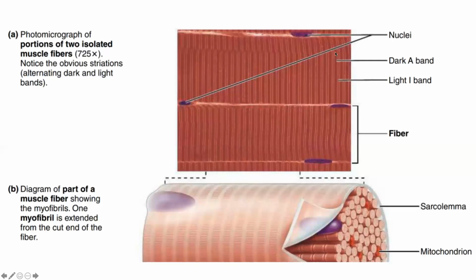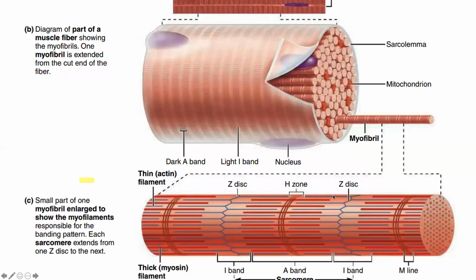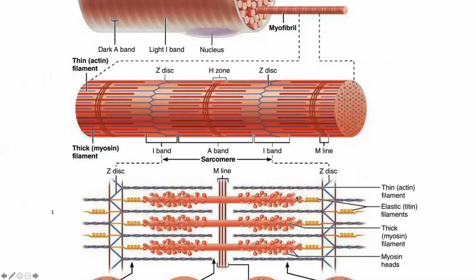The striations are there because they have darker A band and lighter I band. And if we look in more detail, then we will see myofibrils. The myofibril is nothing more than the longitudinal arrangement of sarcomeres. And if we look at the single sarcomere here, this is what we see.